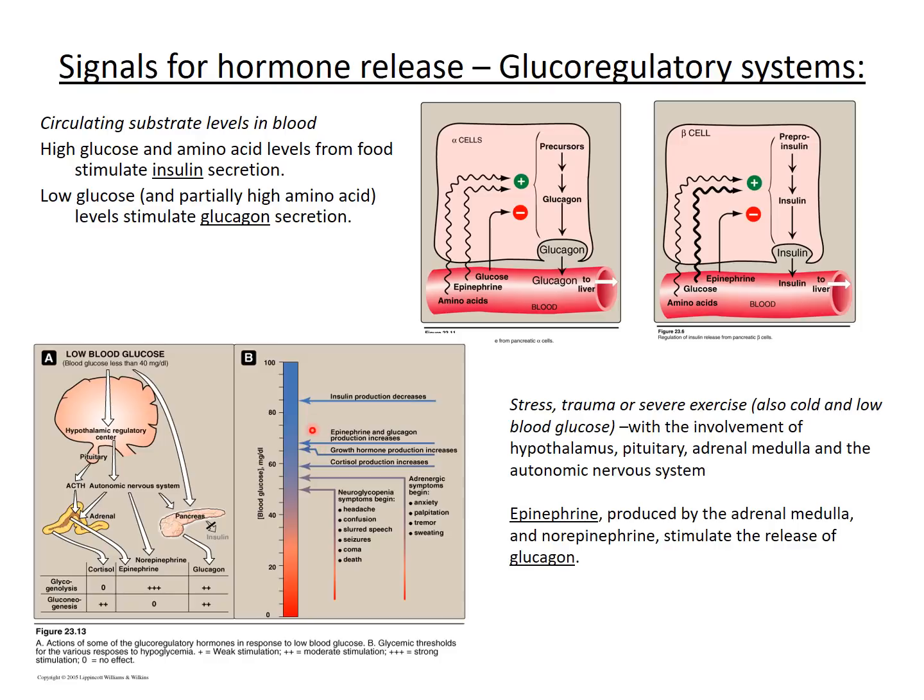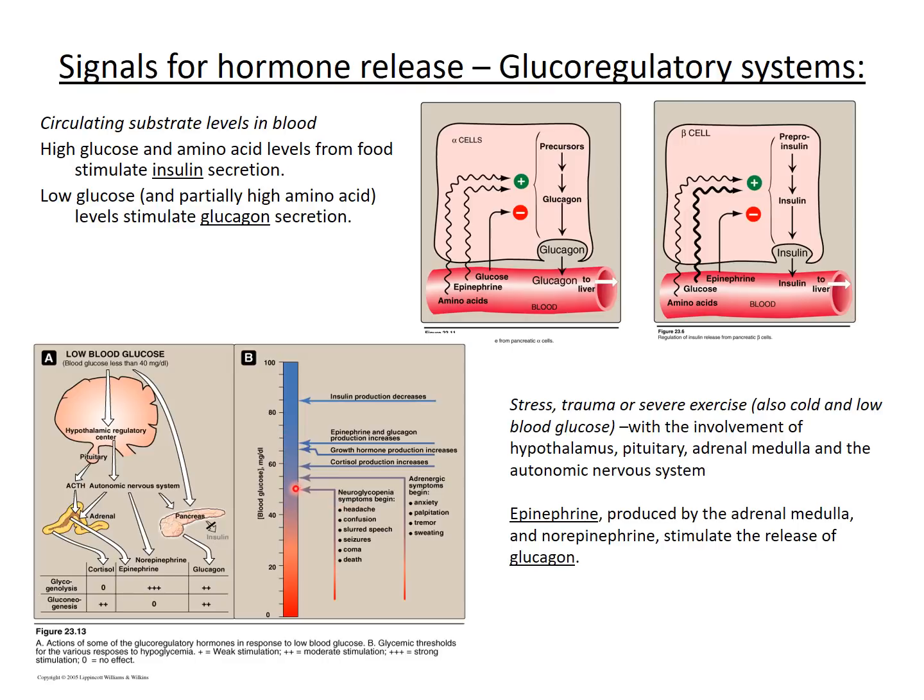Now, what if these hormone signals are not enough and the blood glucose level is dropping further? At around 60, you will feel some signals, which we call adrenergic symptoms: anxiety, palpitation, tremor, and sweating, which are a sign of low circulating blood glucose.